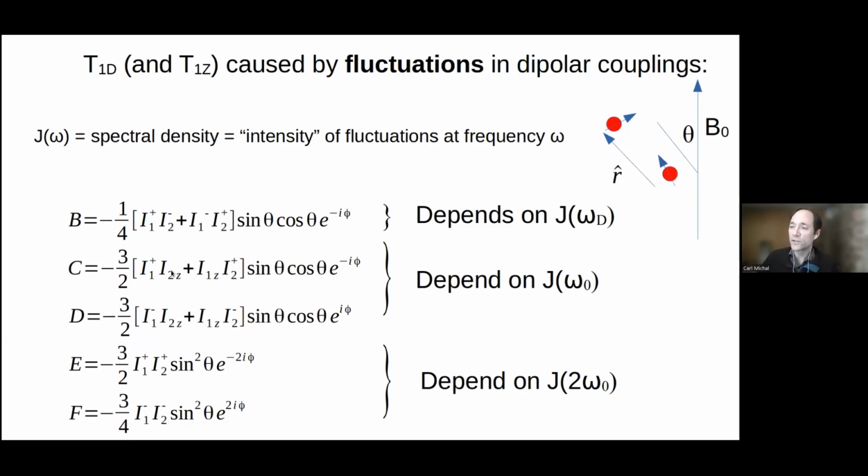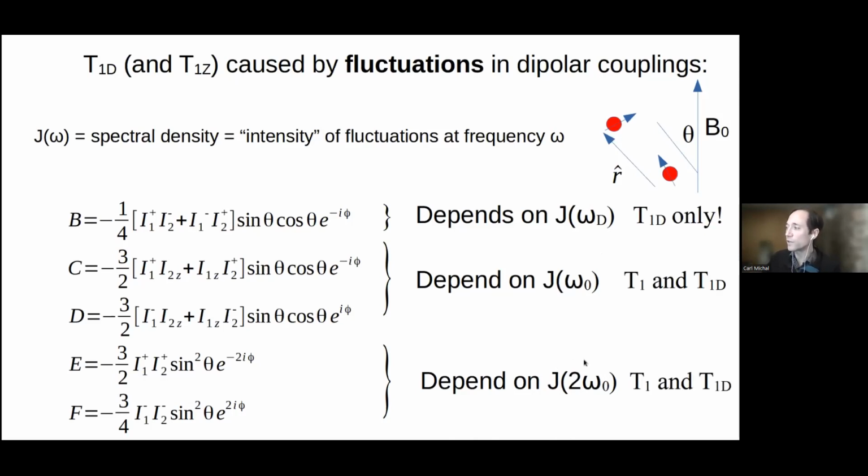C and D are single spin flips, and those are sensitive to molecular motions on the time scale of the resonant frequency. And then these last 2 terms are double spin flips, where 2 protons both flip up or down. That's sensitive to molecular motions on the time scale of twice the resonant frequency.